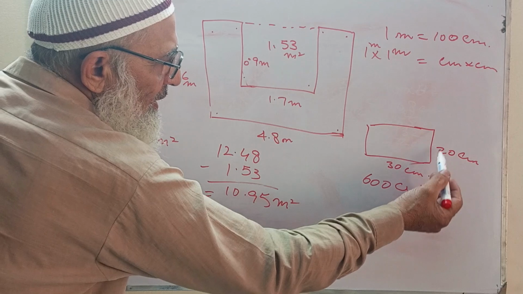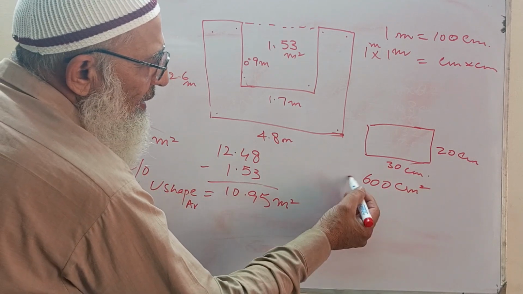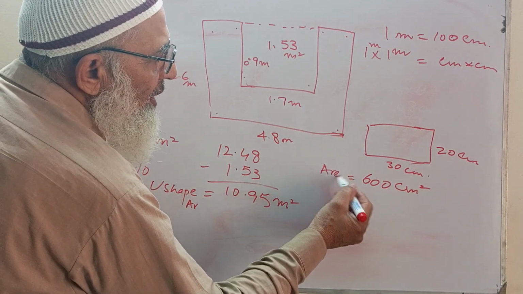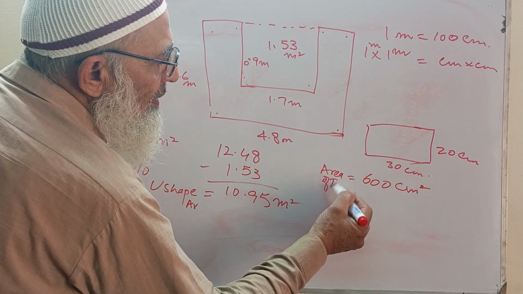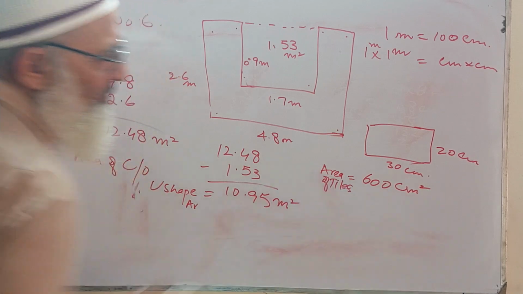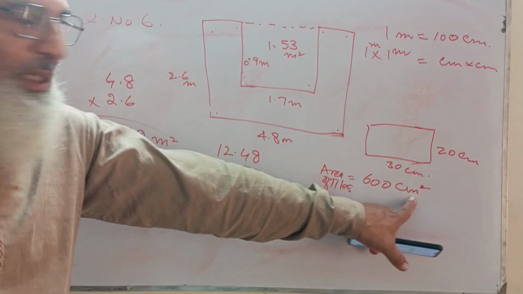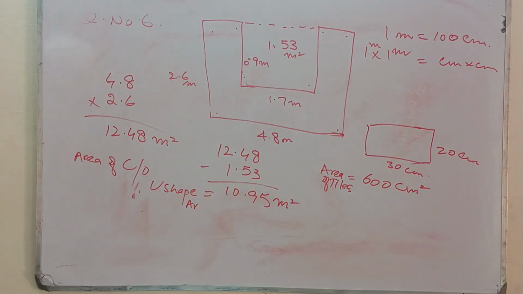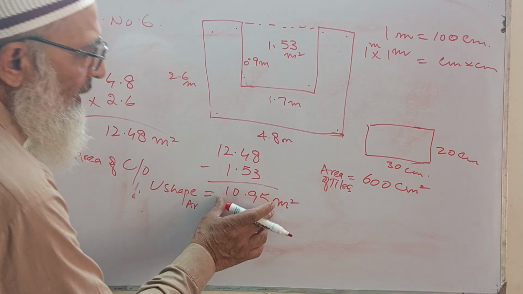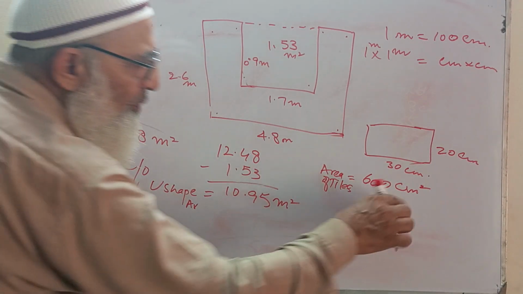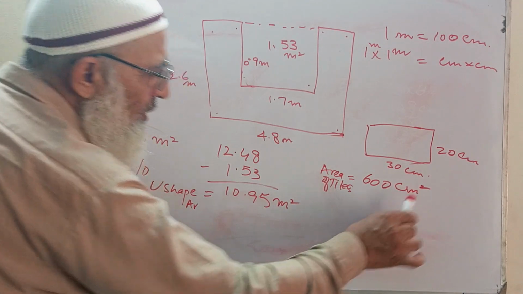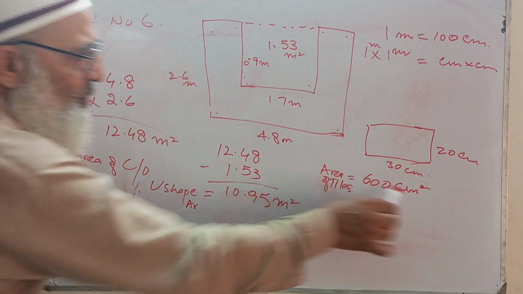One tile measures 20 centimeters by 30 centimeters. Now when we multiply, either we have to change this centimeter into meters, or we have to change this meter into centimeters.